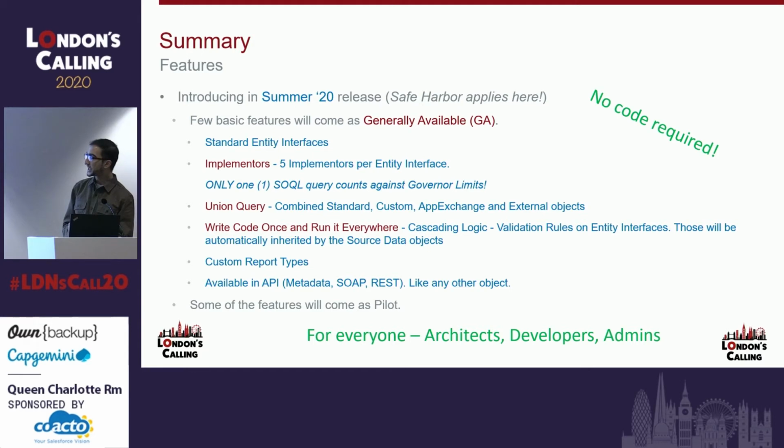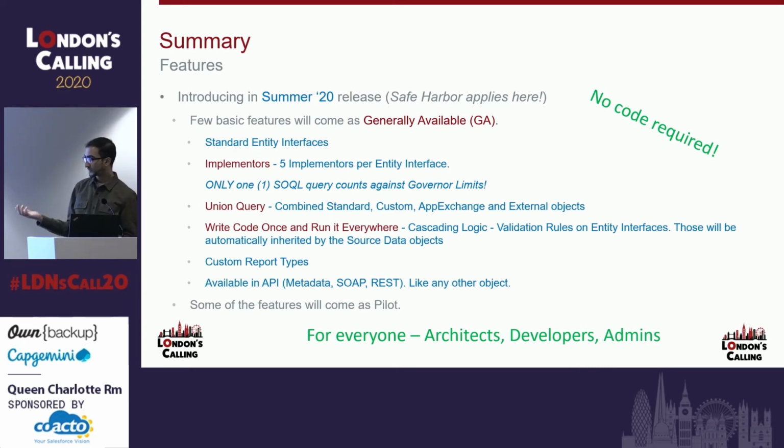Then we have union query, which combines all these objects together and creates a unified UI. Initially, validation rules will be coming on the entity interface. You just create a validation rule, and it will automatically inherit and fire whenever you load data from the data loader or create data from the UI, triggering those rules.